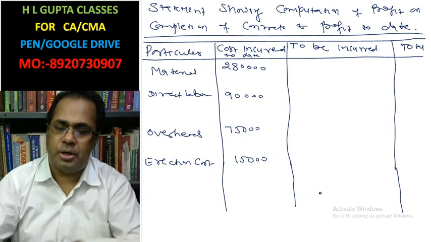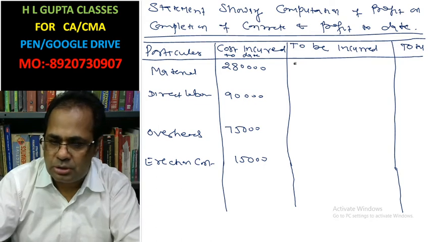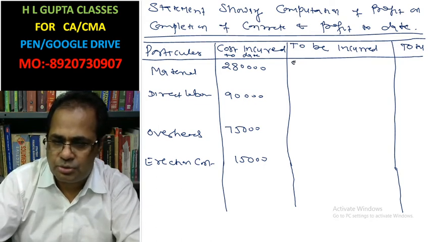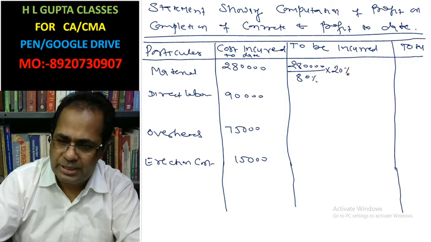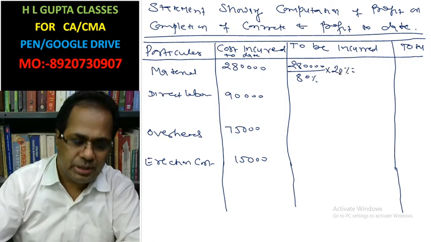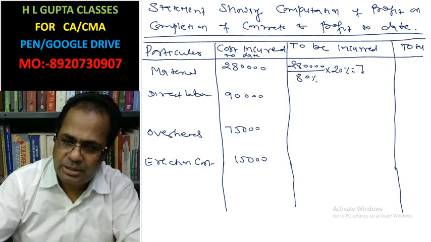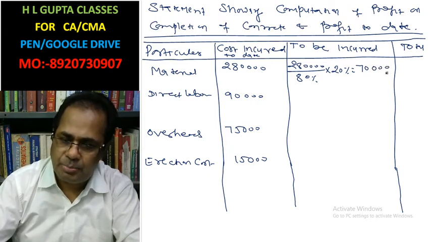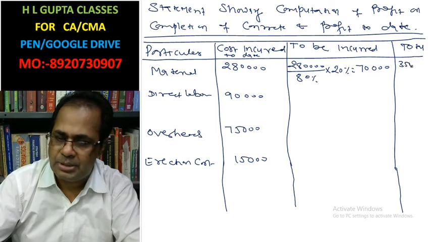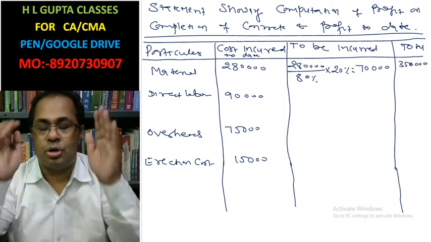Now, the cost to be incurred. The material cost of 2,80,000 is 80% of the total cost. The remaining 20% is still to be incurred, that is 70,000. So 2,80,000 plus 70,000 gives 3,50,000 total material cost required.